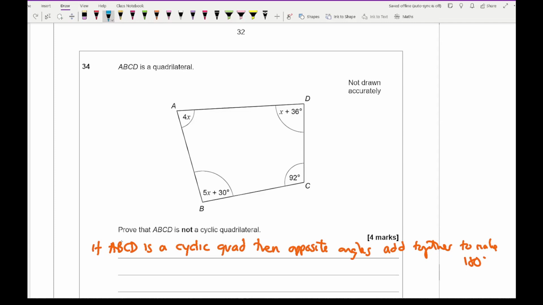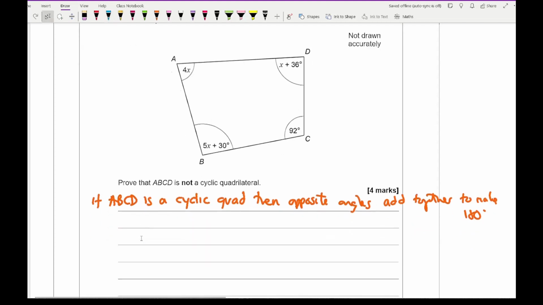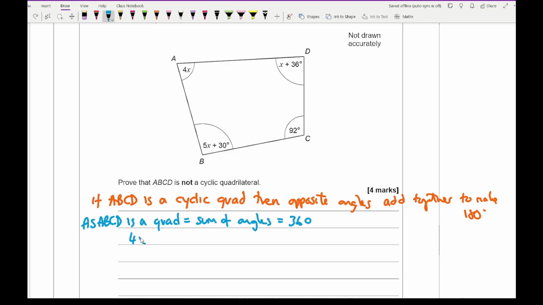So as ABCD is a quadrilateral, sum of angles equals 360. So if I add up all those angles, I get 4x plus x plus 36 plus 5x plus 30 plus 92 must add up to 360.